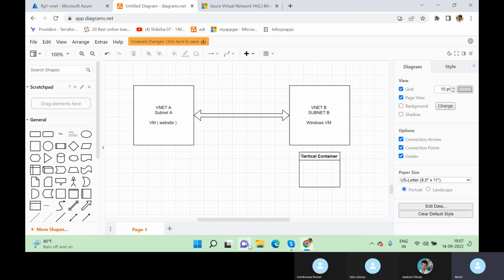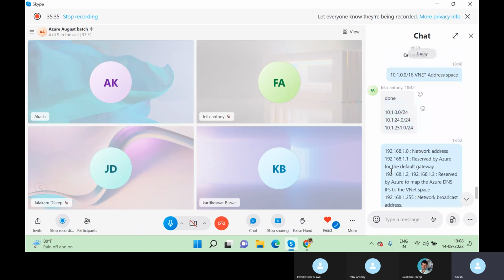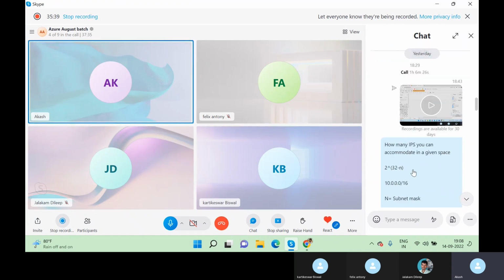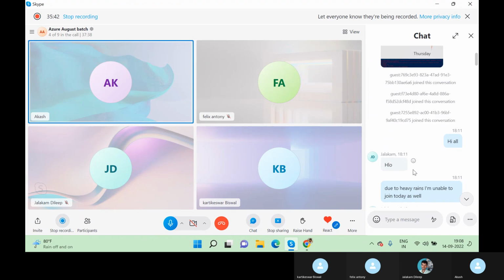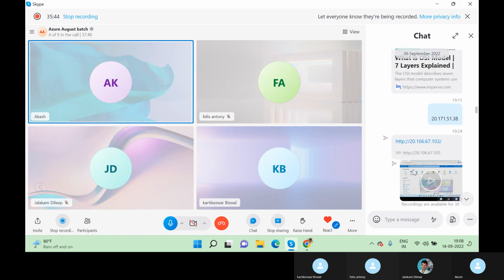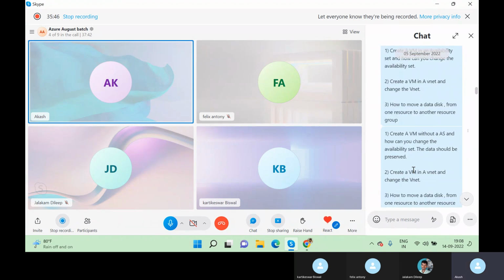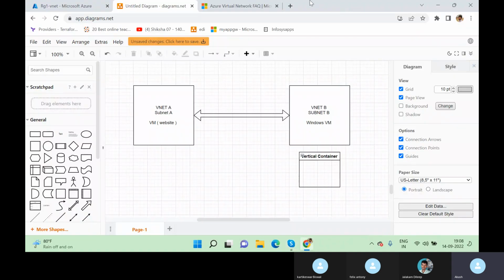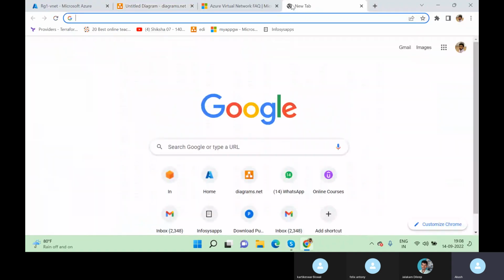And I hope you have the script for creating the website. I think it is there on the chat. It is not there, I will send it to you. While we were doing that load balancer activity, we used a script, right? That script you will have to use.